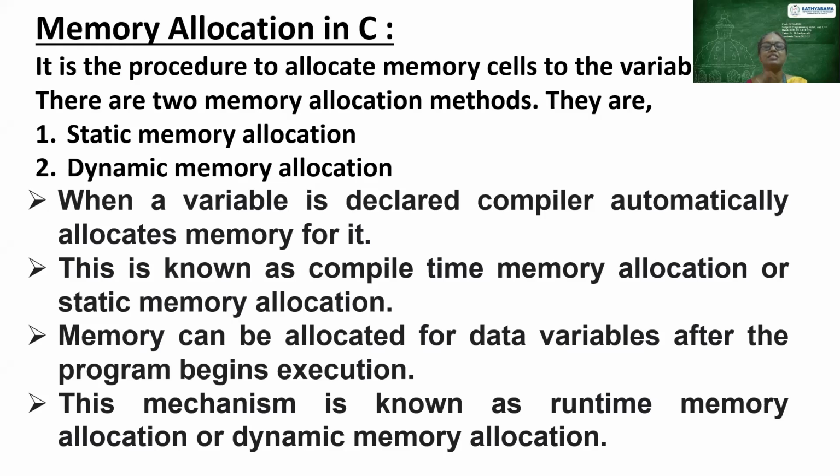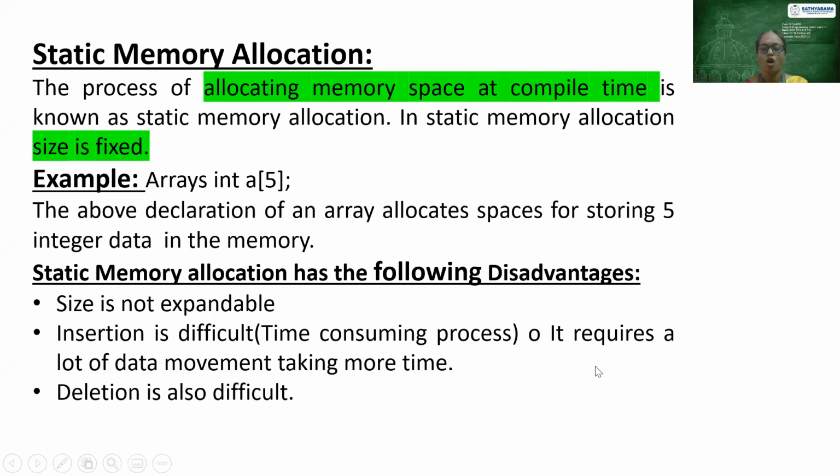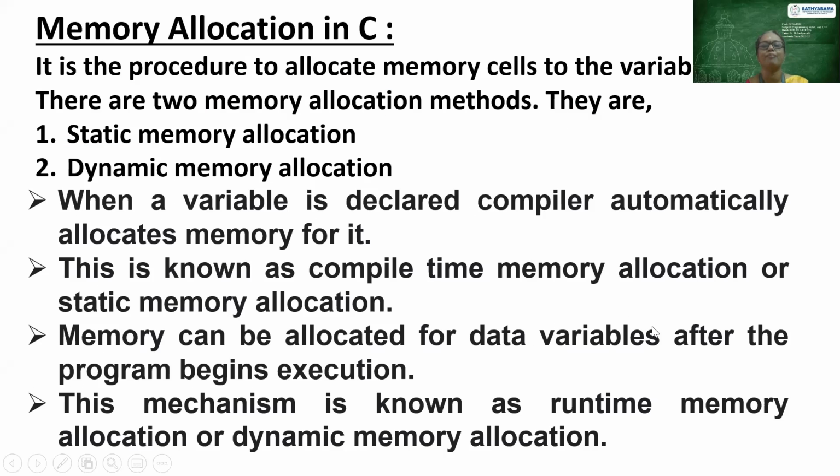When a variable is declared, the compiler automatically allocates the memory. That is static. Once I declare my variable, for example an integer, 4 bytes will be allocated. A character is 1 byte. A float is 4 bytes.